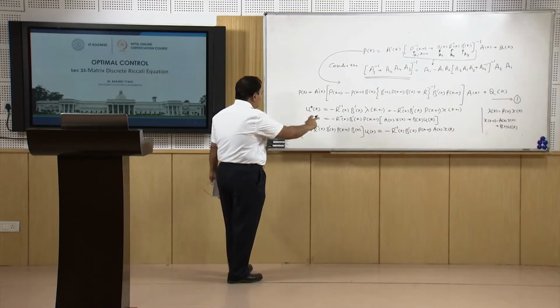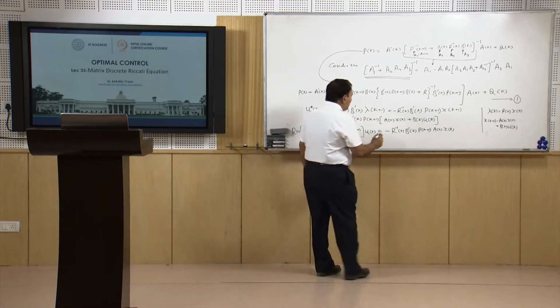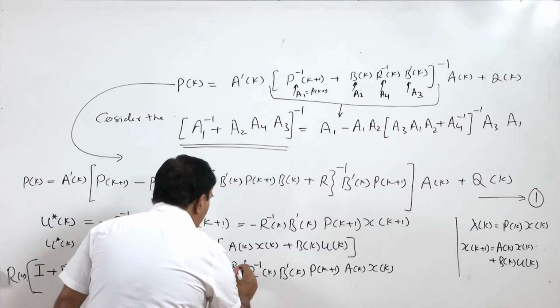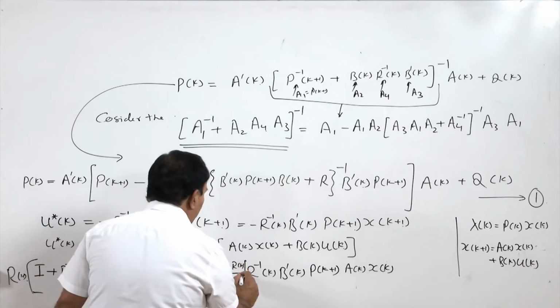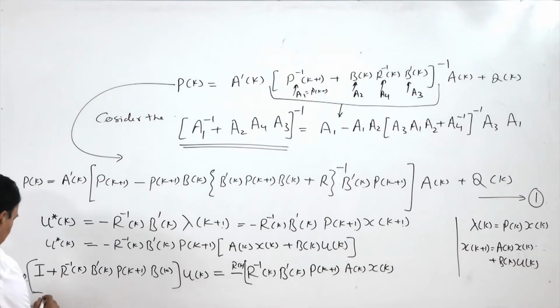Now, in this equation I am pre-multiplying with R(k) on this side, and I am also multiplying this with R(k) on the other side.